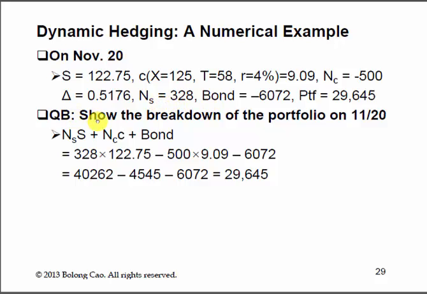Question B asks us to show the breakdown of the portfolio on November 20th. So what do we have? We have 328 times 122.75. This is the asset. The total liability from the written call is minus 500 times 9.09.